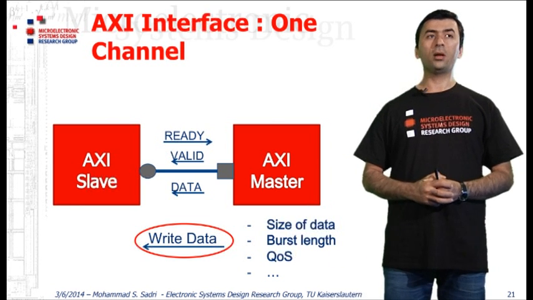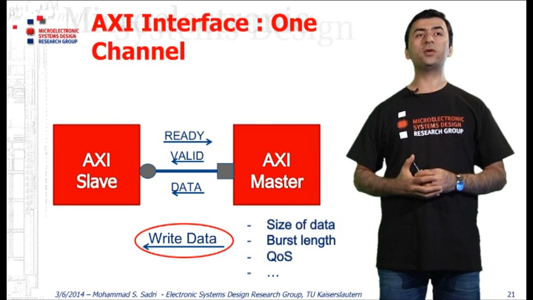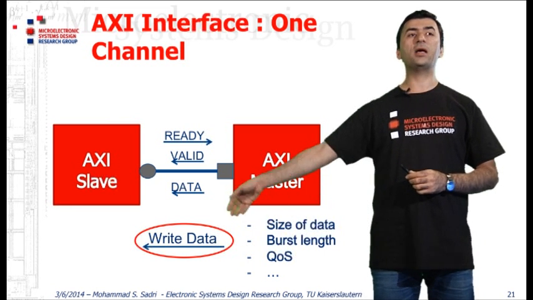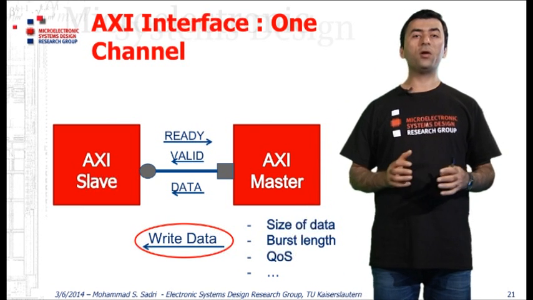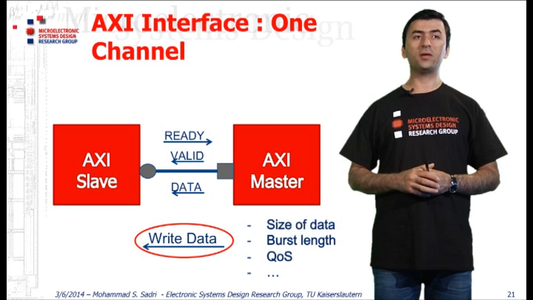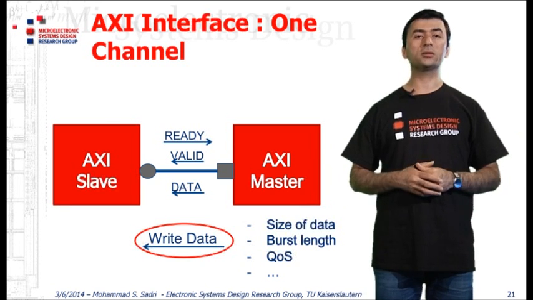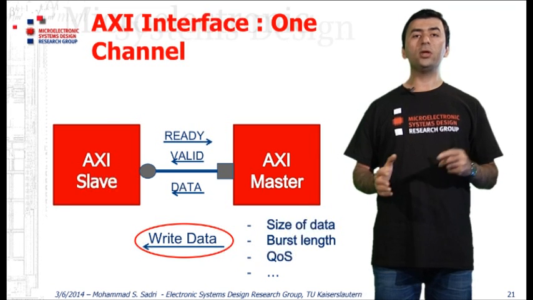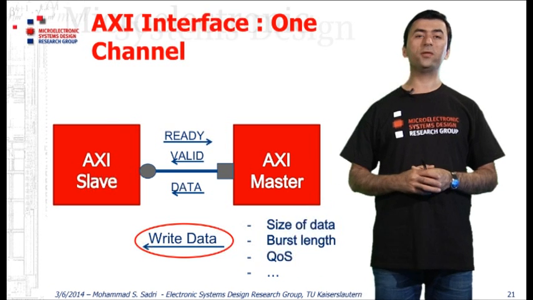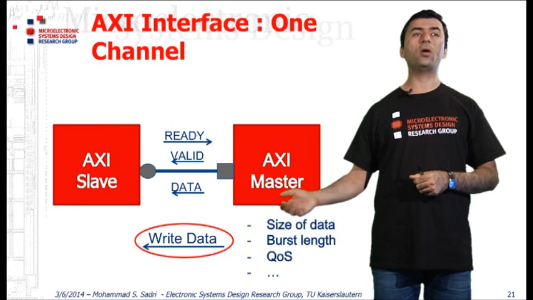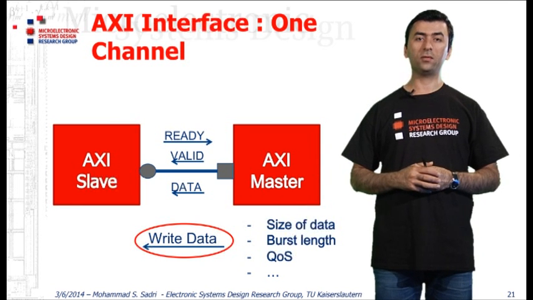And then sometimes for a specific set of data that you want to transfer between one AXI master and the slave interfaces, you need some quality of service measures. For example, some sets of data are more important than the rest of the others, and you need to somehow indicate this. Then we have a set of QoS signals passing from the AXI master to the AXI slave indicating these points.